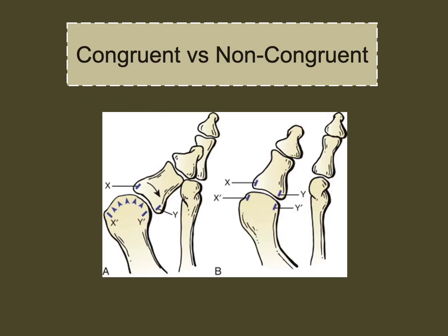Well, we make a big deal about it because we do want to know, is this deformity congruent or non-congruent? This makes a huge difference in what you do treatment-wise.